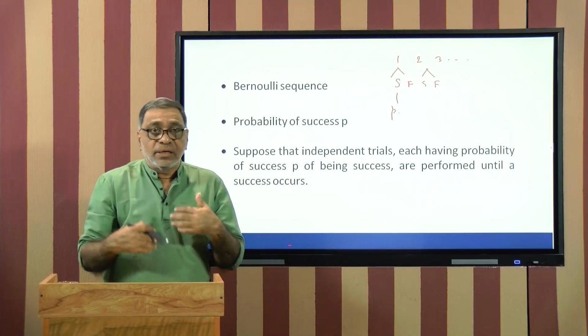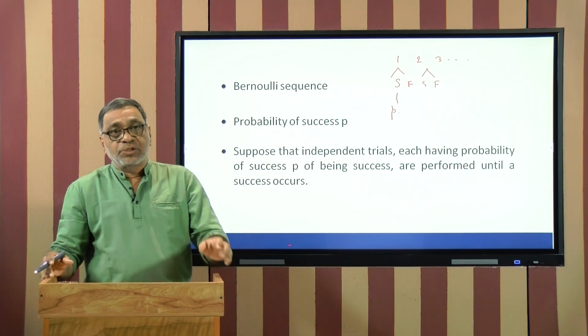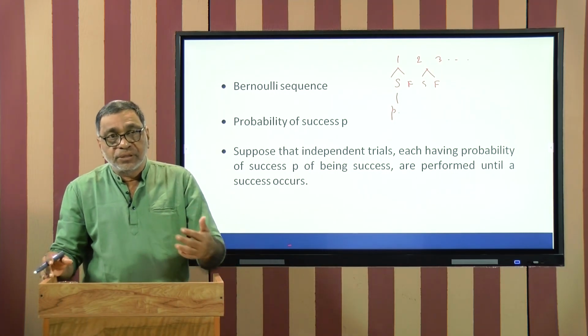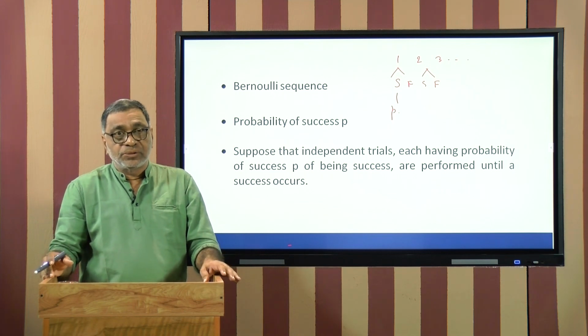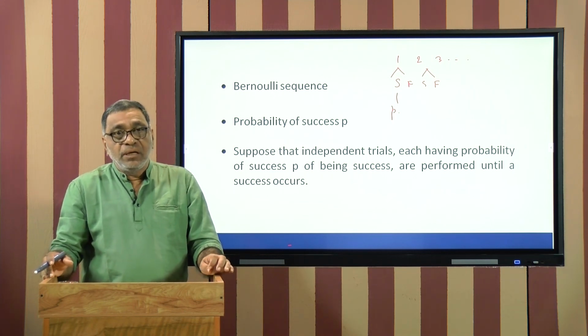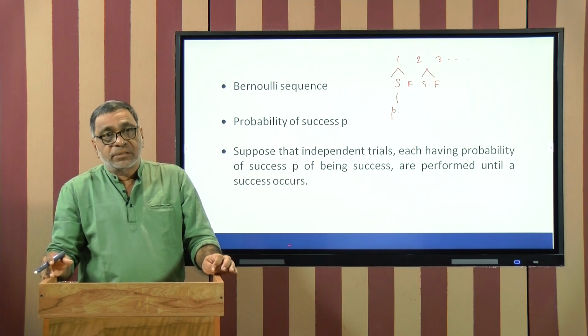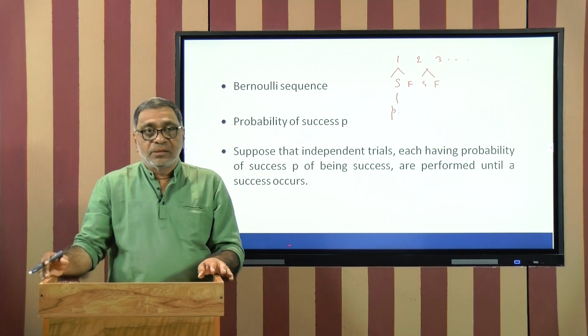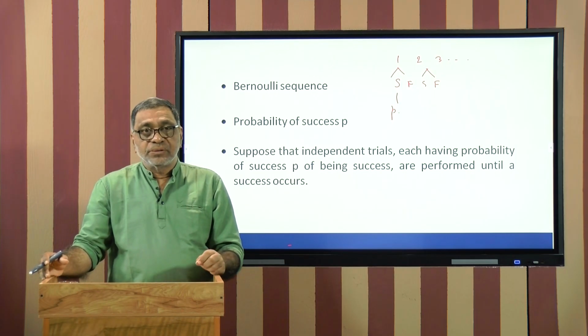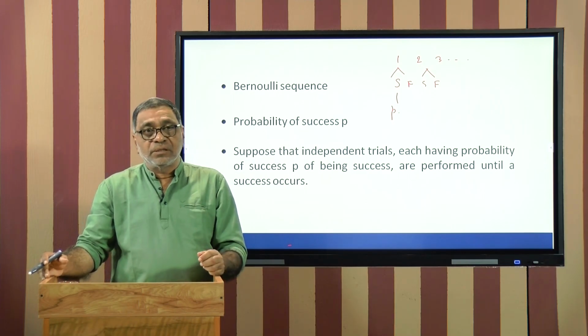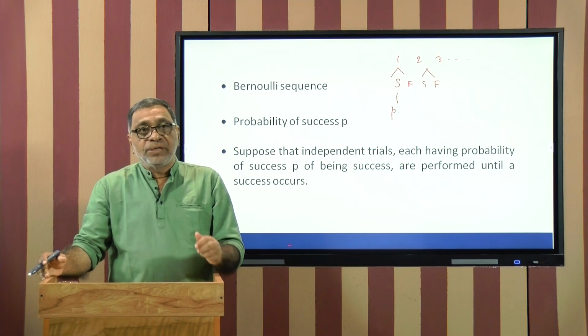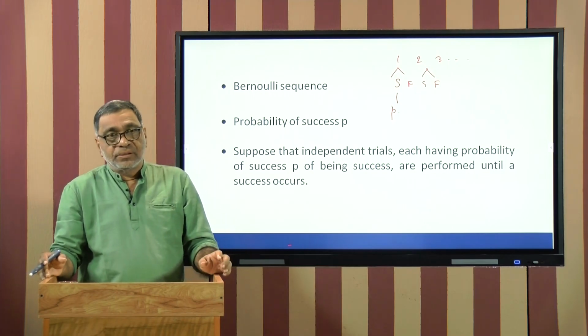So, consider a Bernoulli sequence where the probability of getting success is P. Here we are performing the sequence until a success is obtained. Suppose the independent trials are repeated until we have a success.